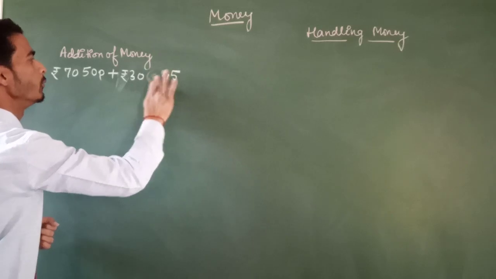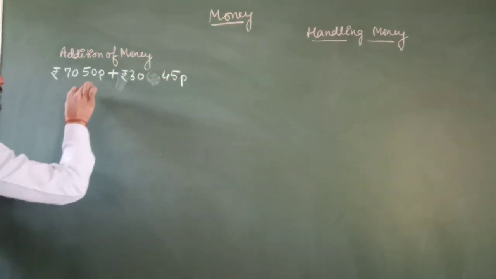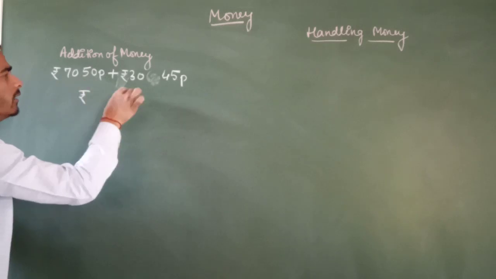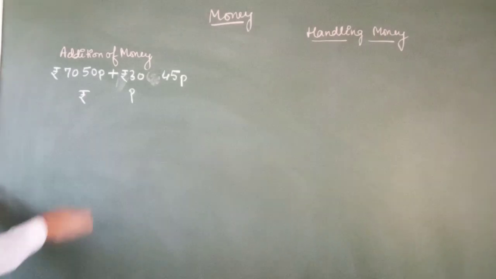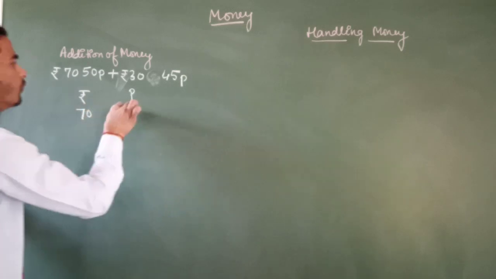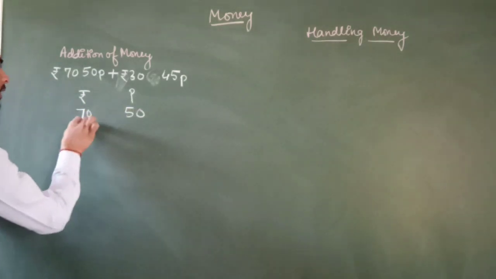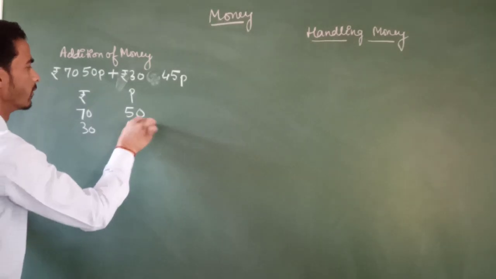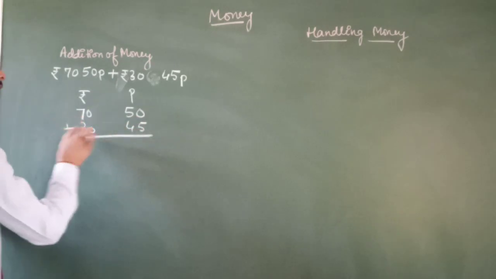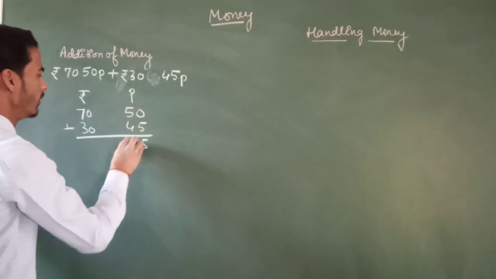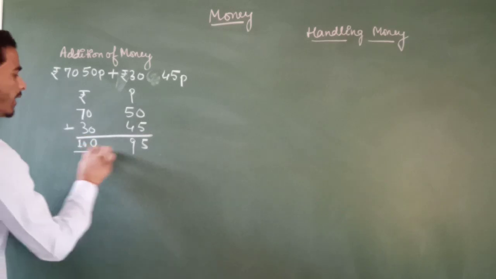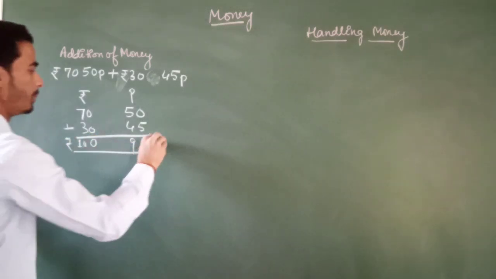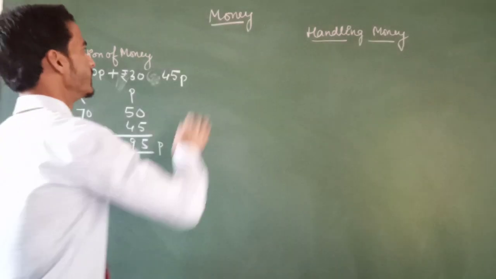Now we have to write rupees and paise separately and then add them. 70 rupees 50 paise and 30 rupees 45 paise. Adding, we get 100 rupees 95 paise.